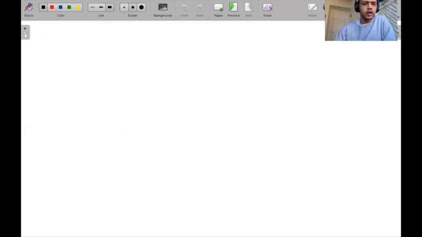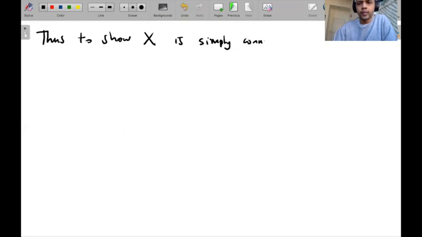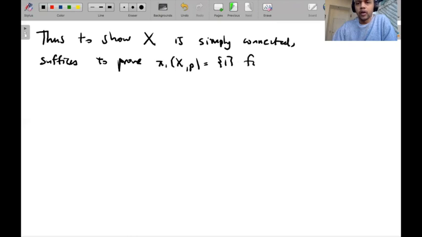Right. So thus, to show a space X is simply connected, it suffices to prove pi1 of X at P is trivial for some point P, rather than every P. Okay, so now this brings us to the next theorem.